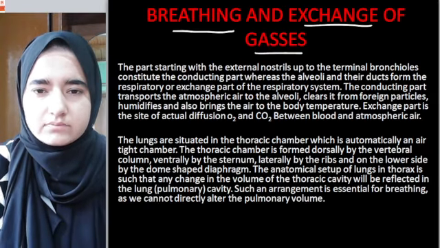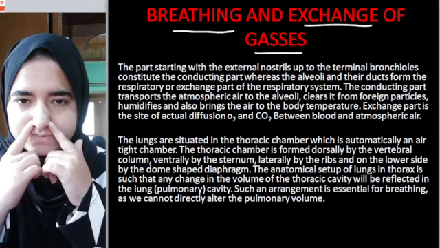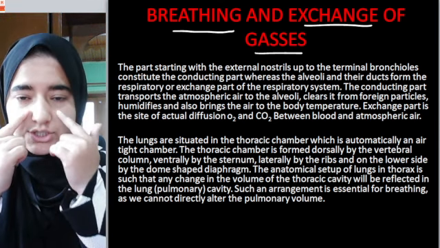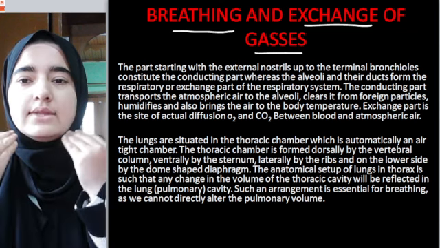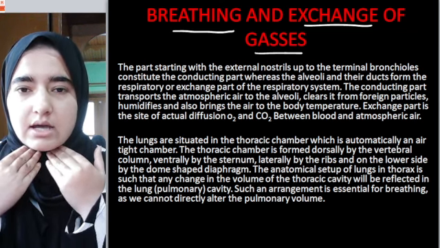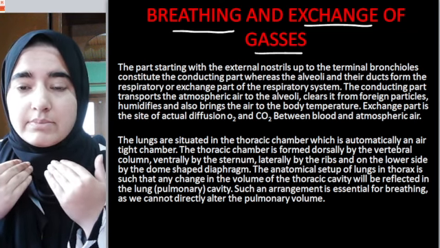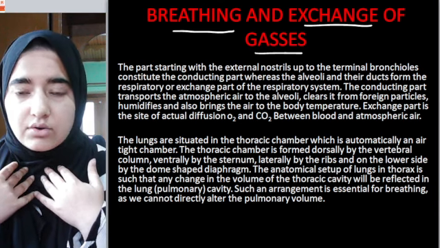In our previous session, we saw that the human respiratory system starts right from the nostrils, opens up into the nasal chamber through the nasal passage, then opens up into the pharynx, which is the common passage for the esophagus and trachea, and then it opens up into the larynx.